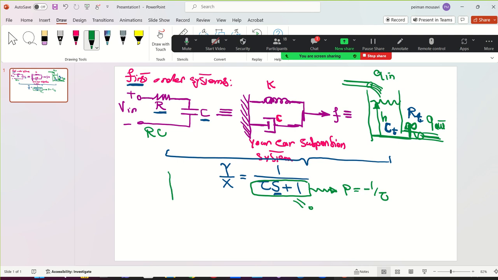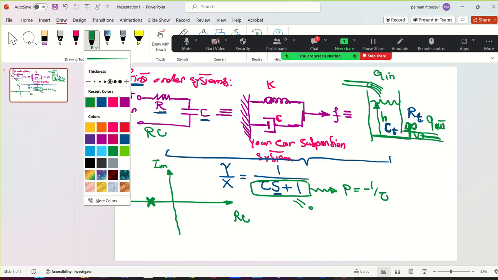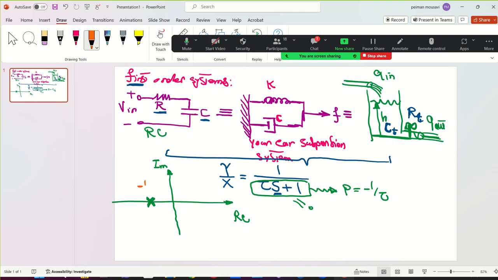And this pole is located in the complex plane, stop me if it's too much, with imaginary and real axes. Here is 1 over tau, and we show the pole by a cross. Okay, this is the convention. And you see the pole is on the left hand side.